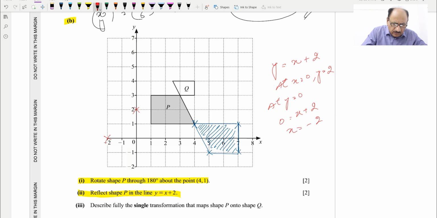The line is this one which we have drawn. I'm drawing a thicker line so that you can understand properly. So the same shape we need to reflect basically.